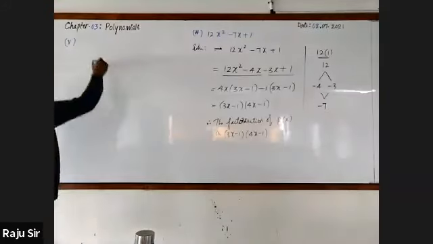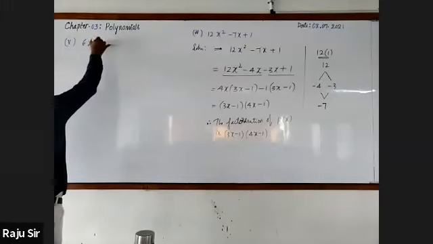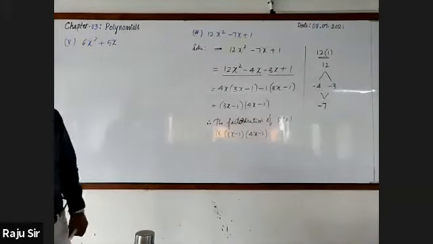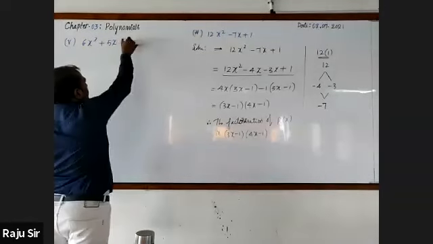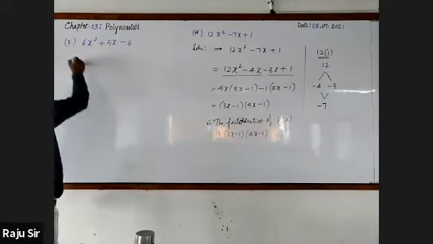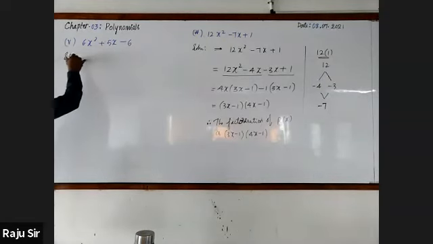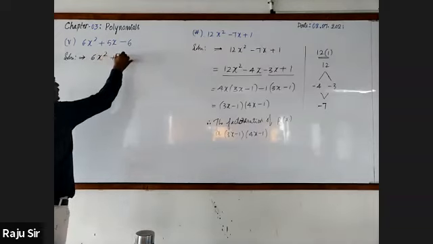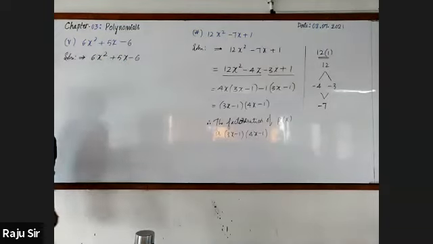Right. 6x squared plus 5x minus 6. First, write the given polynomial in standard form as 6x squared plus 5x minus 6.